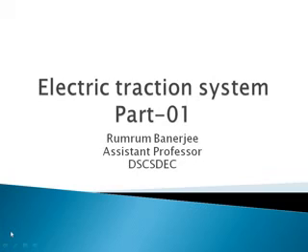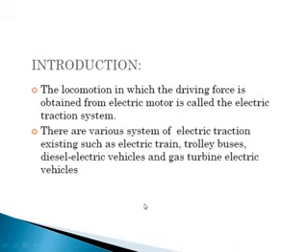So first we will discuss the traction system. Act of drawing or state of being drawn, propulsion of a vehicle, is called traction. Or we can say that the locomotion in which the driving force is obtained from an electric motor is called electric traction system.